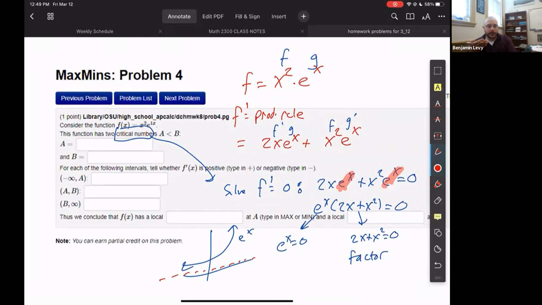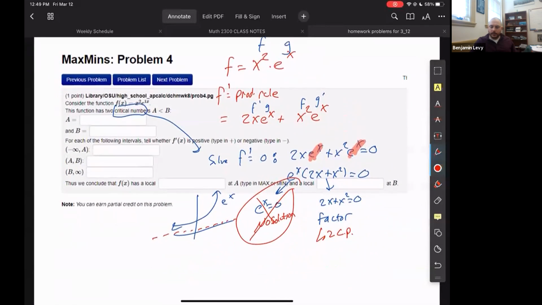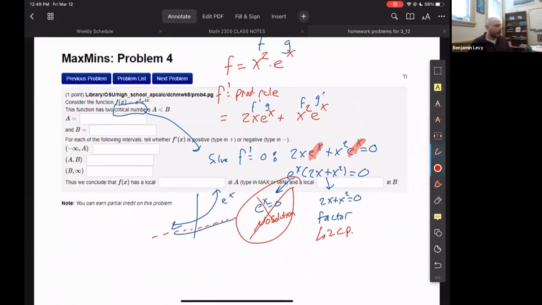So anytime you're trying to solve an exponential equal to 0, you get no solution out of this one. So you don't get anything from this piece. You're just going to get 2 critical points from the right-hand part. Thoughts about that?